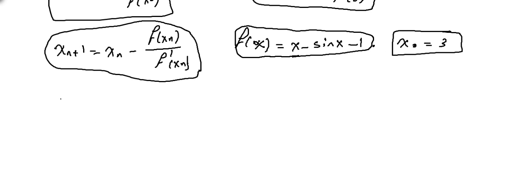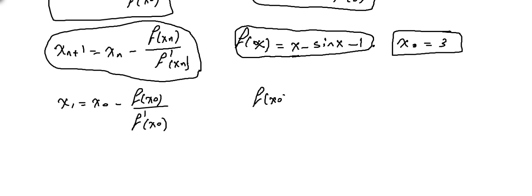With n equals 0 and x node equal to 3, Newton's method becomes x1 equals x0 minus f of x0 over f prime of x0. So what we need to find is f of x0. f of x node is f of 3, which is 3 minus sine 3 minus 1, which is 2 minus sine 3.